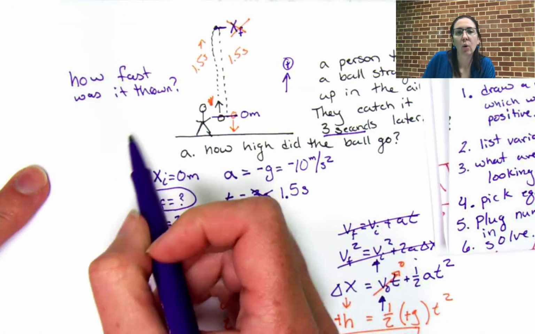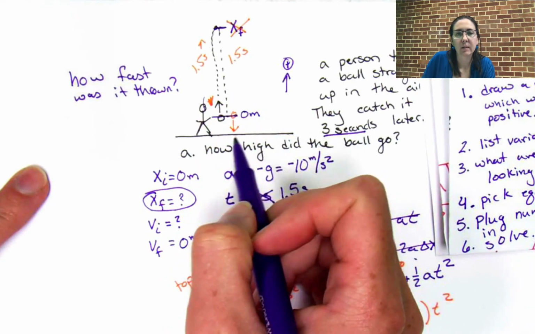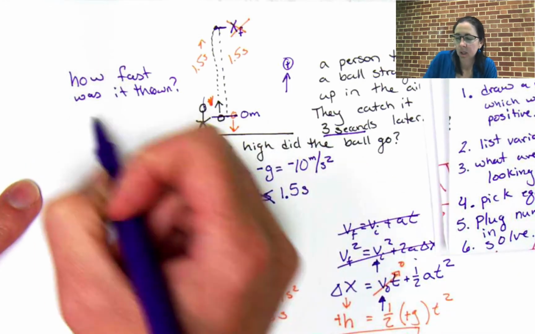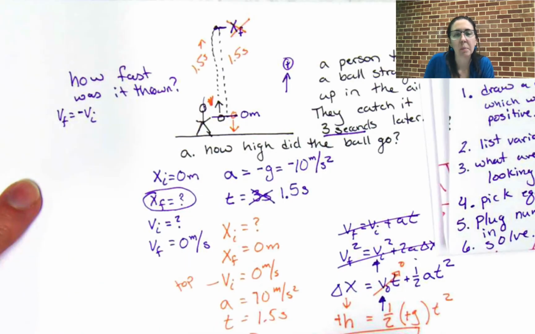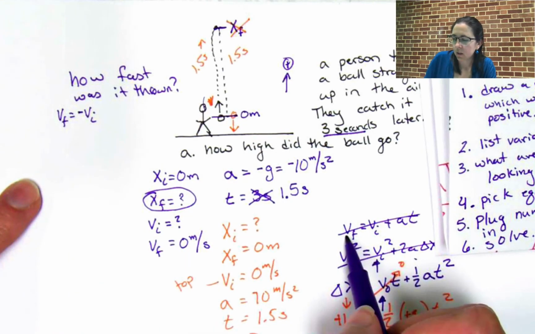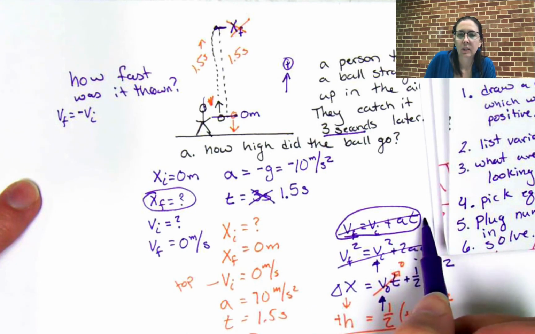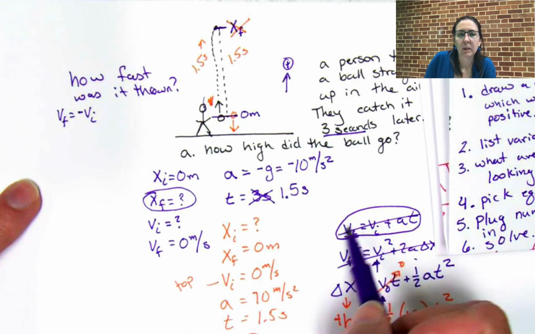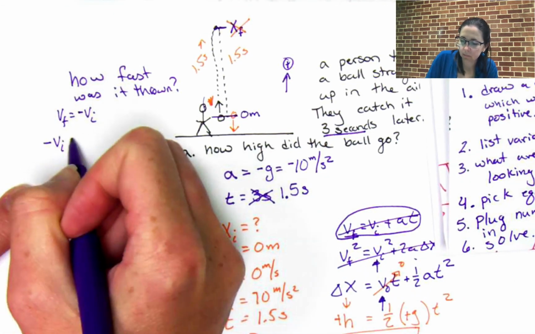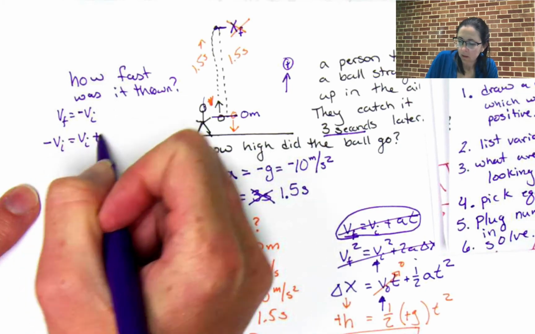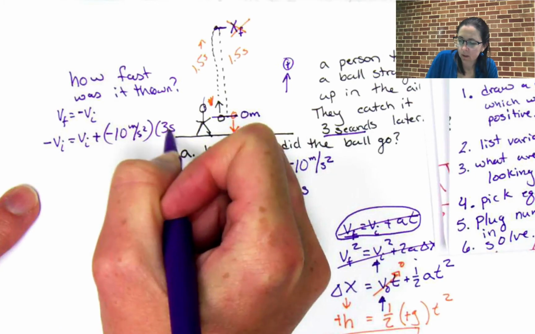If you think of it as the whole time, this idea of this opposite velocity is really important. And so if v final is negative v initial when it goes up and down, then you can use this equation right here because you know the acceleration, you know the time, and these two values would be the same. So if v final is negative v initial, negative 10 meters per second squared times 3 seconds.